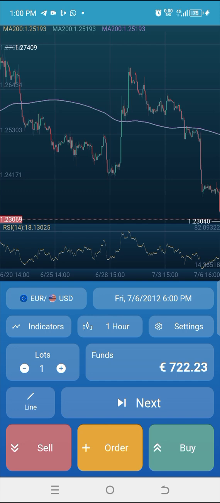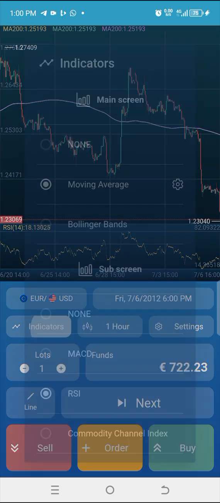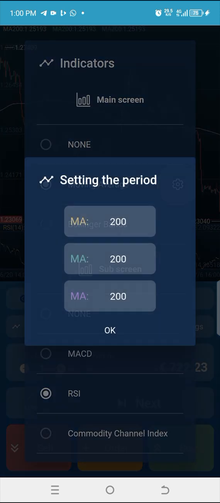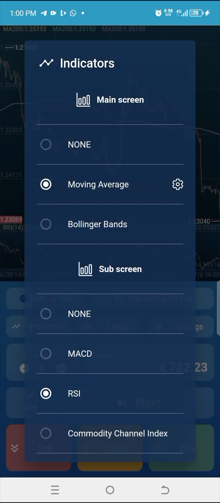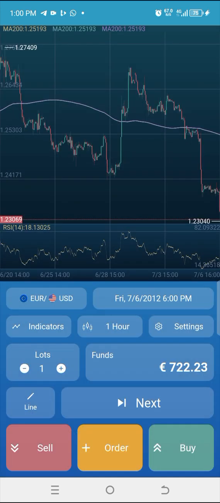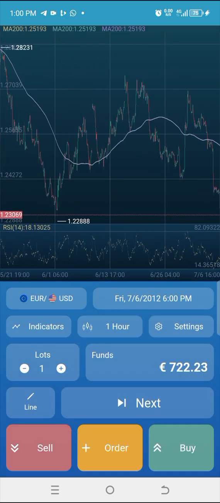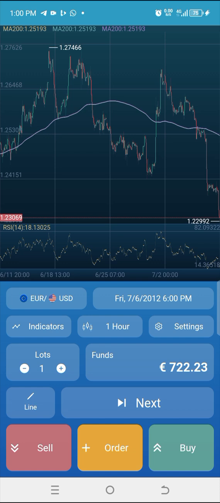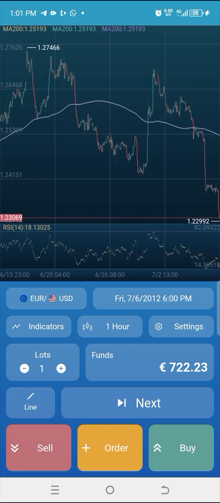On the chart there's an indicator, I think moving average 200, just an indicator that helps to determine where you are. It's not much of a big deal. It doesn't help in the strategy, it's just there.